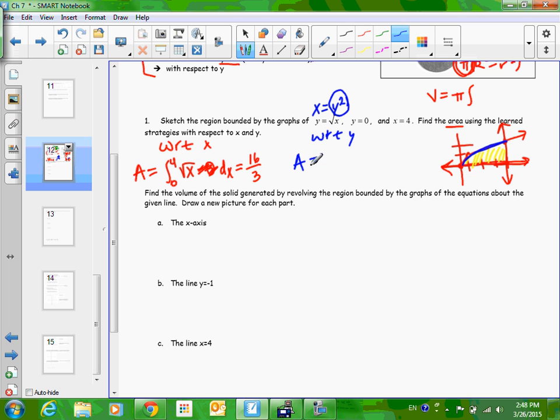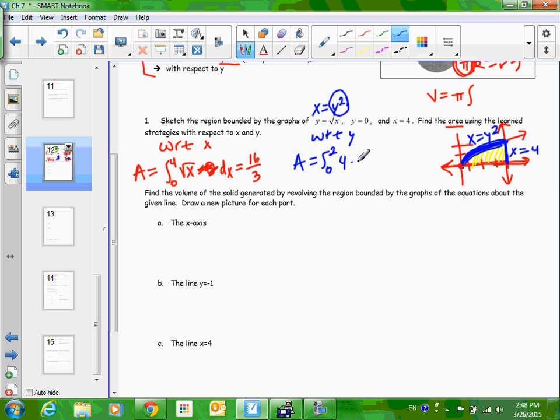Okay, so the area is going to be, this time it's not 0 to 4, it's the y values, 0 to 2, bottom to top. And then the right curve minus the left curve. So the top curve, now I'm looking at it in a different way, and I'm saying that's the left. So we have x equals 4 over here, and I have x equals y squared here.